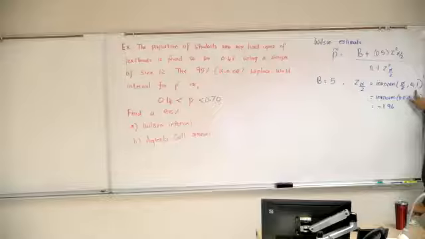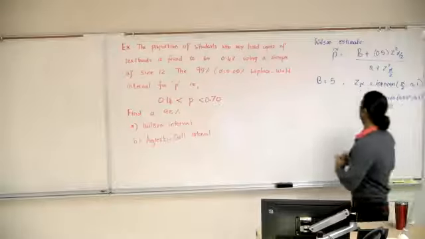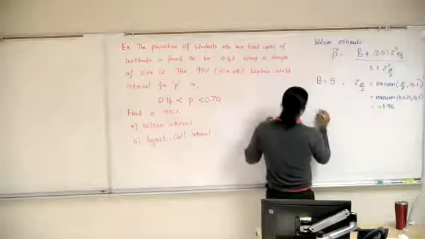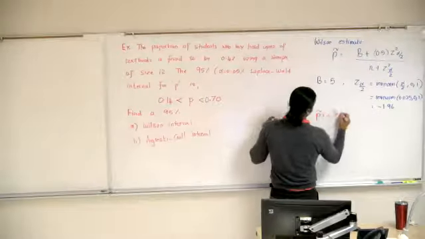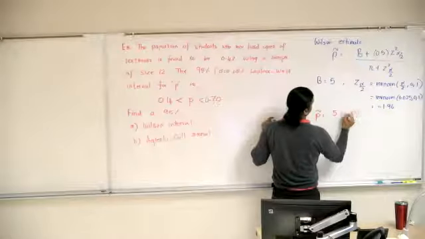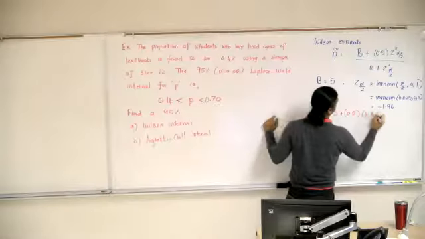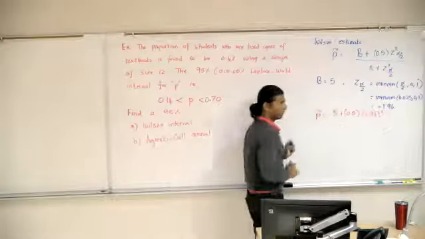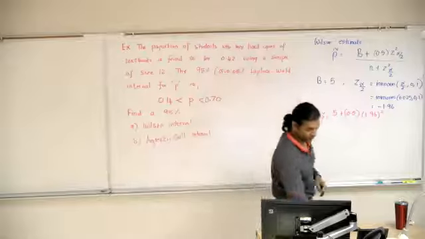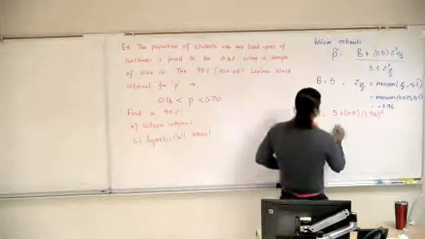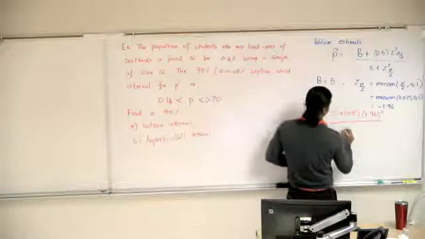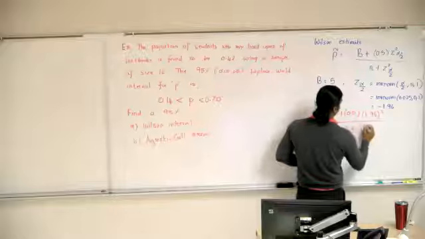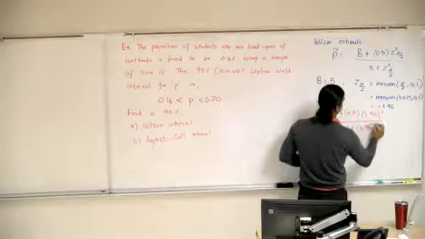The mean and standard deviation. So, P tilde is 5 plus 0.5 times 1.96 squared, ignoring the negative because it's going to go bye-bye when you square, divided by 12 plus 1.96 squared.